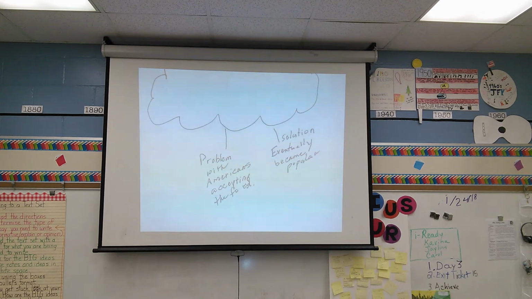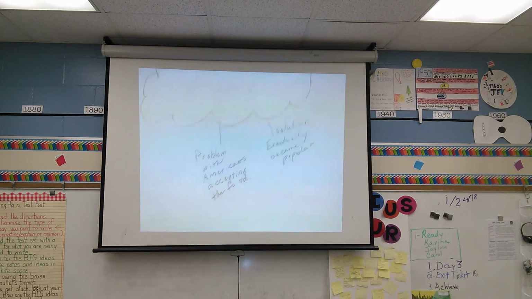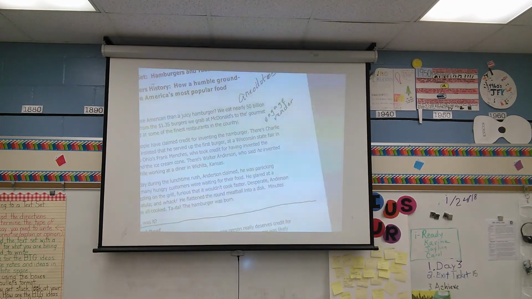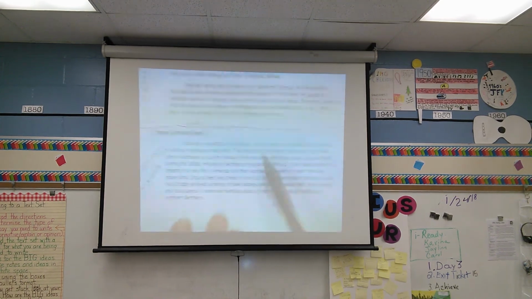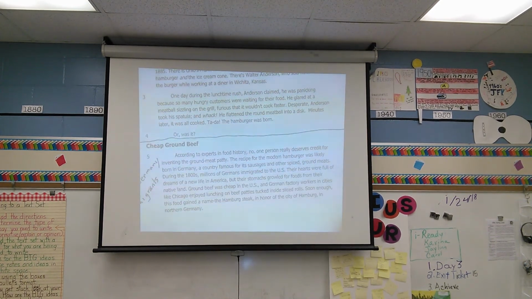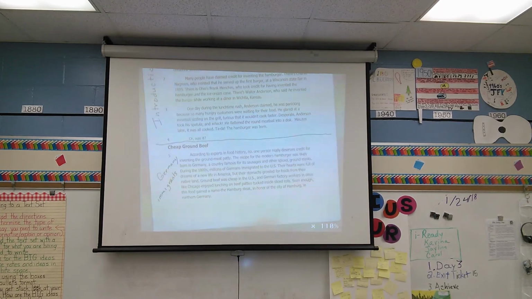Okay, anybody else notice anything when they were talking with their partner? Something different? Carson, did you and Aiden notice anything? Go back and look at the words that you wrote in your article. Remember what you wrote in your article, things that you might have written down in the white space. Let me zoom out just a little bit so you can see it.